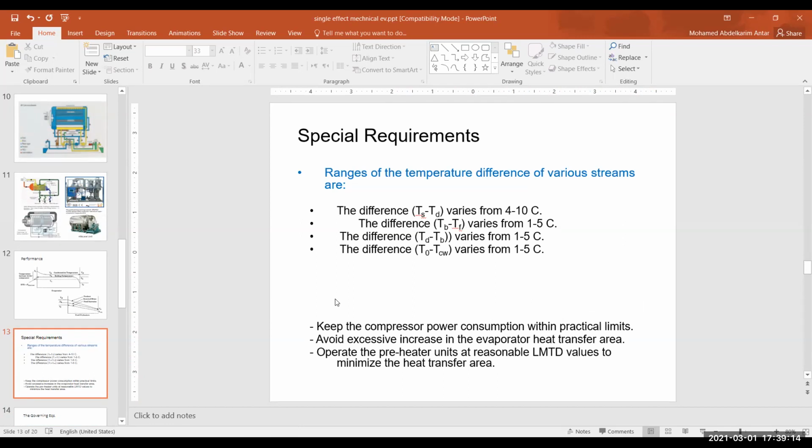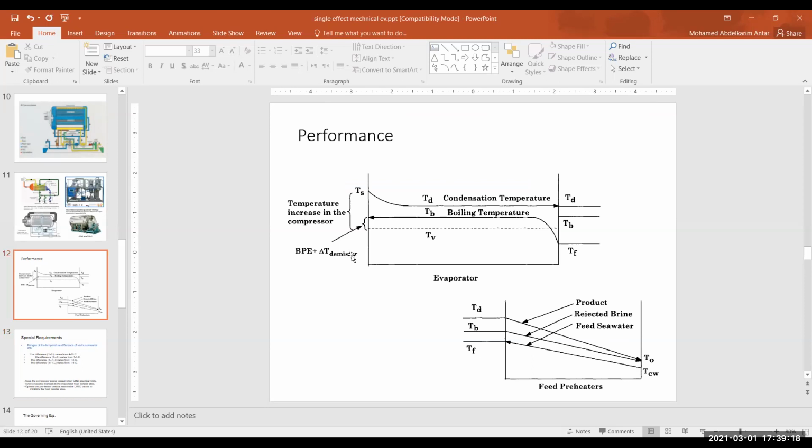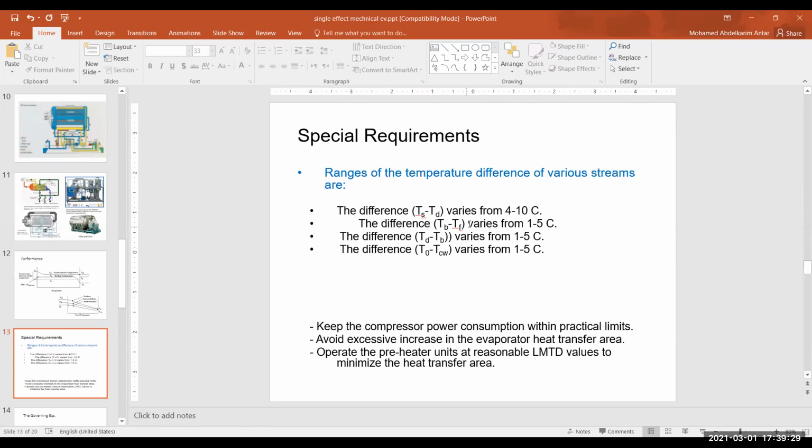These are typical numbers that we would like to maintain. For example, the temperature difference between TS, leaving the compressor and de-superheating in the evaporator, to TD is somewhere between 4 to 10. The lower would probably require more heat transfer area, but the lower temperature difference means lower entropy generation.